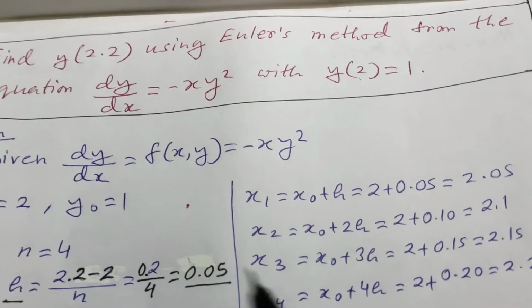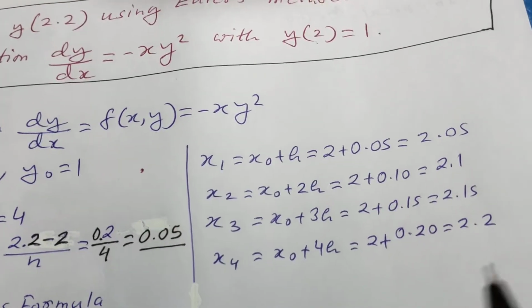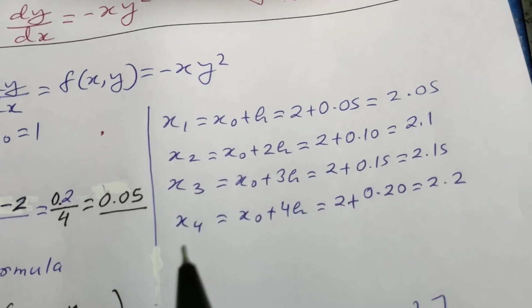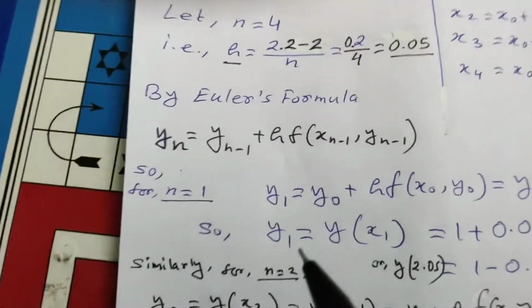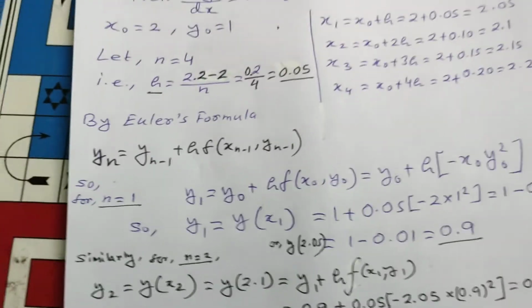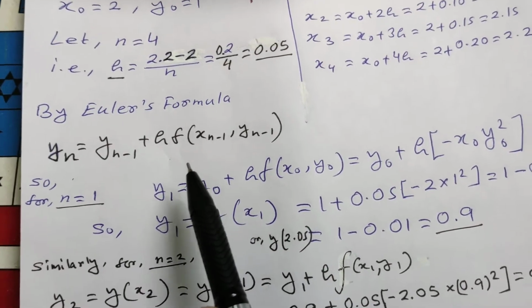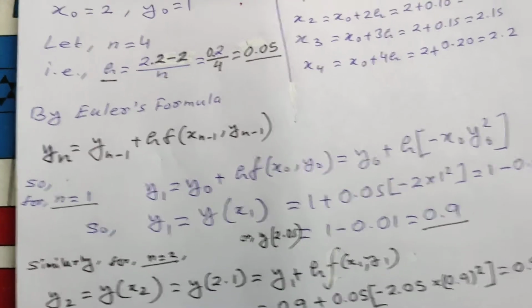And as we are getting 2.2, we have to find y(2.2), so we will stop calculating the value of x here. So the final value of x we will get is 2.2, right? Now by Euler's formula, yn equals yn minus 1 plus h f(xn minus 1, yn minus 1).